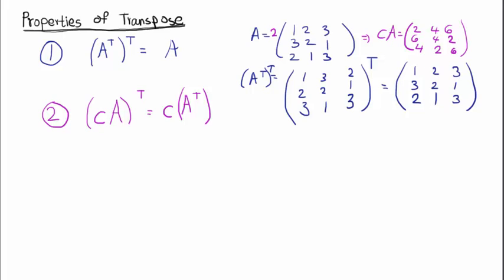Third property is also somewhat helpful, and it's basically saying that if you have a matrix addition going on, addition or subtraction doesn't really matter. So if I have A plus or minus B, right, and then I'm taking the transpose of that, then that's the same thing as saying A transpose plus or minus B transpose.